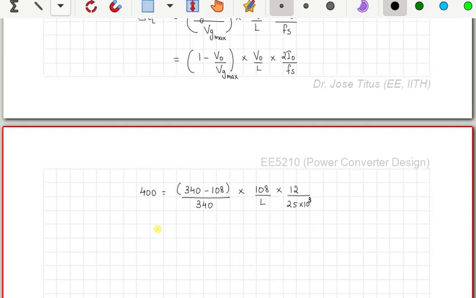Now you can solve for L from this equation, and if you do that, you get a value of 88.46 microhenry.